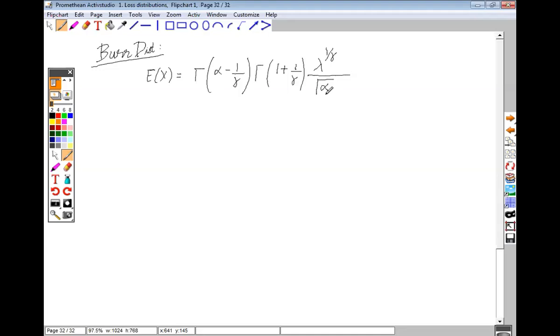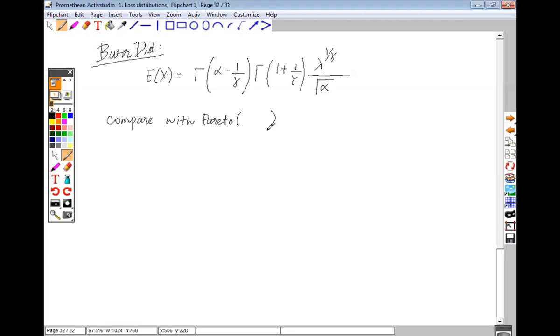And do you remember what we were supposed to compare this with? Pareto. Right? Compare with which Pareto? So we were supposed to compare this with the Pareto distribution, the 2-parameter Pareto distribution, where gamma's value is 1.